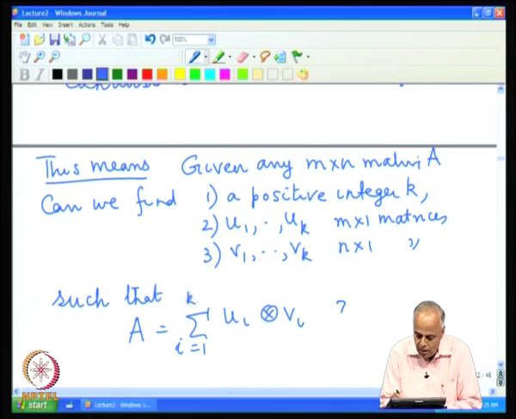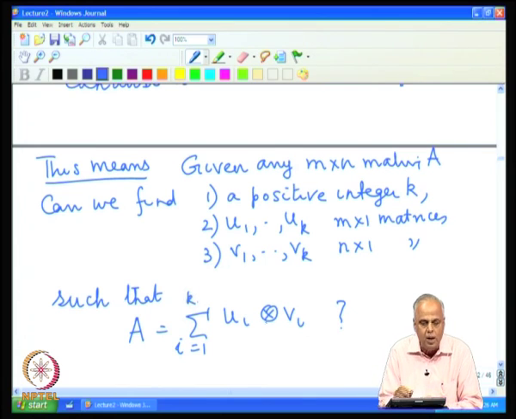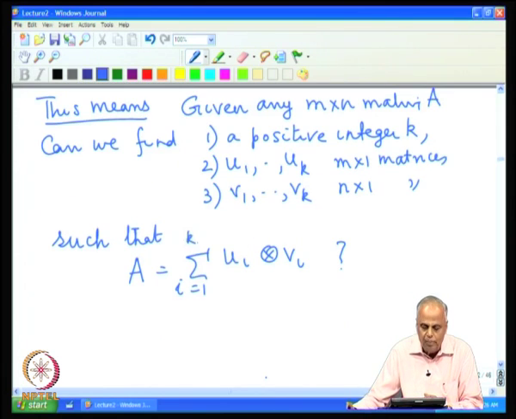This is the question. Now, if we can do it, we can see that A has been split into a number of small simple matrices, because each one of these tensor products has a simple structure, namely every row is a multiple of a fixed row, namely the ith row is a multiple of vi transpose, and therefore, that would break the matrix into simpler parts.